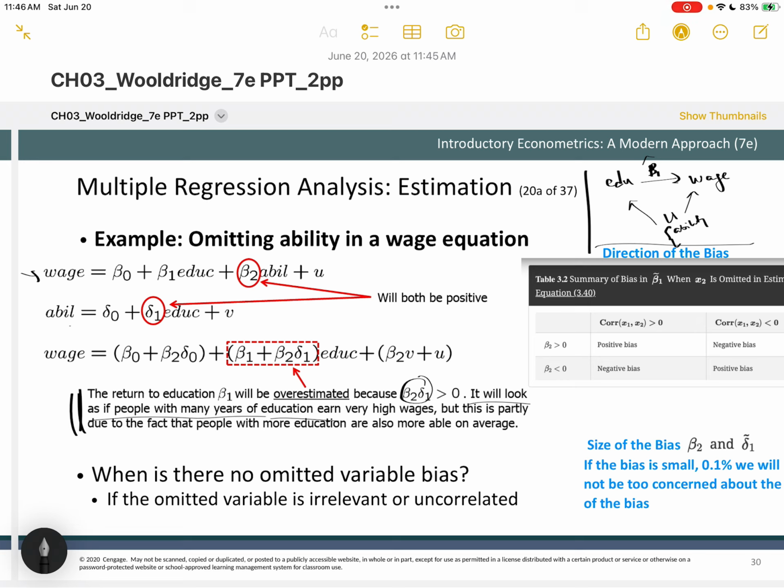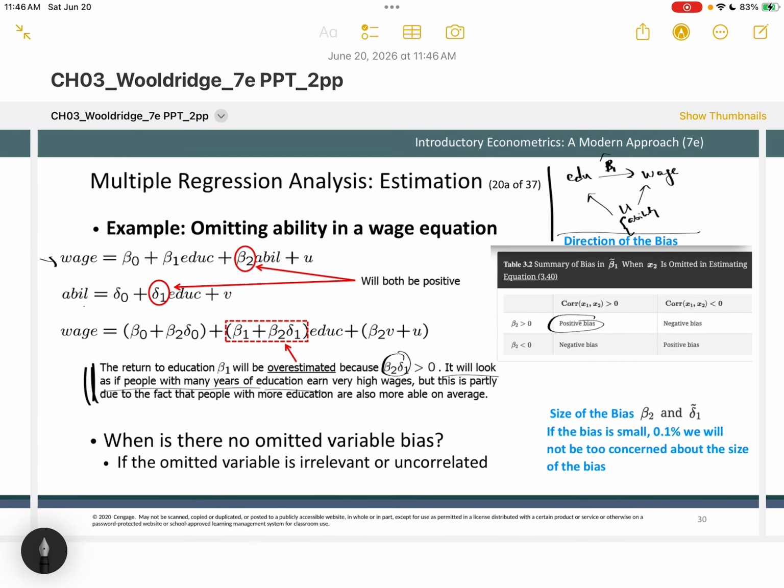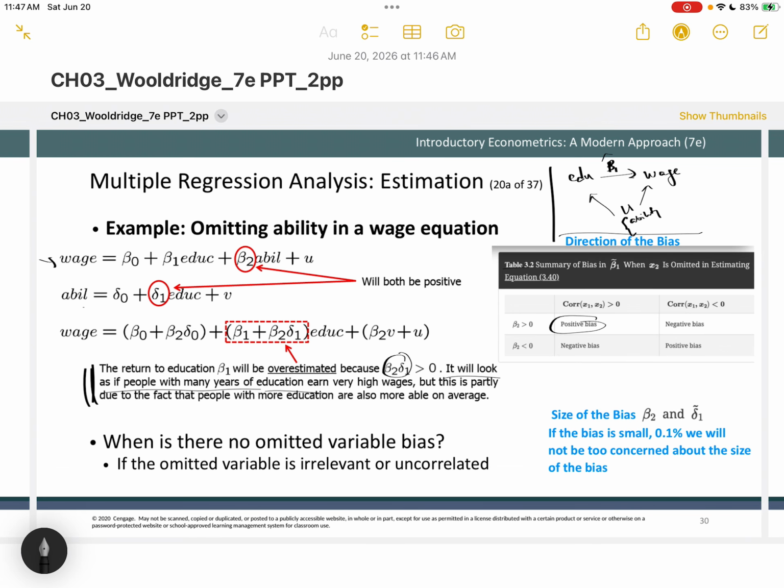So there's this small thing of direction of the bias, right? The correlation between x1 and x2, if it's positive, and if beta 2 is positive, then we have a positive bias, which is what we had in this example. And I'm working on this table here, table 3.2.